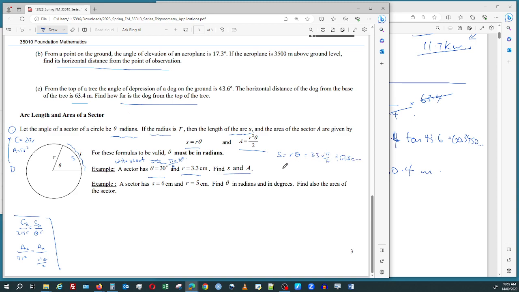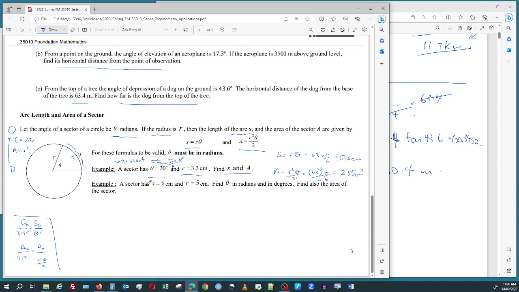The area is R squared theta on 2, which is 3.3 squared times pi on 6, giving 2.85 centimetres squared. Be mindful of that, and we can get that proportion working.